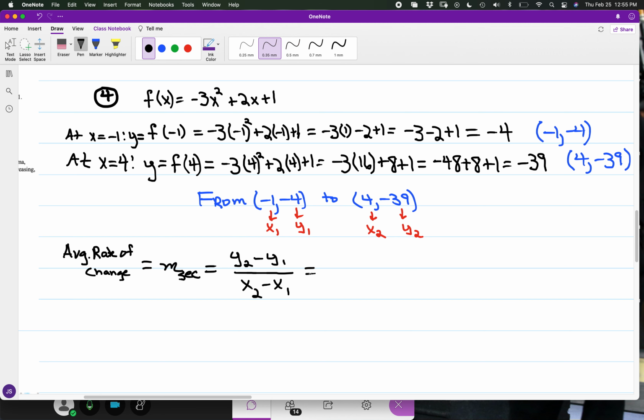So for y of 2 minus y of 1, we have y of 2 at -39, and we are subtracting y of 1, which we have at -4. Now for x of 2 minus x of 1, you have 4 minus -1.